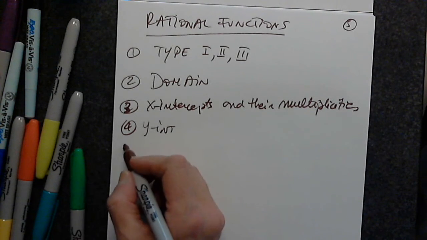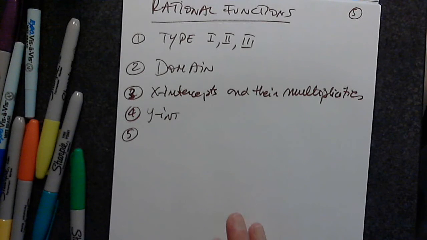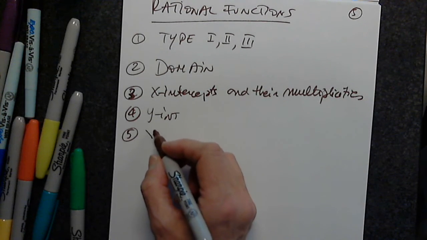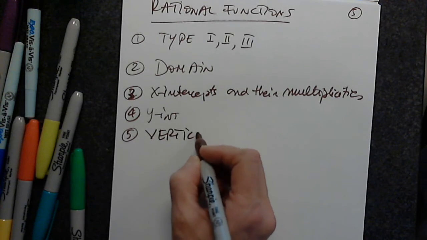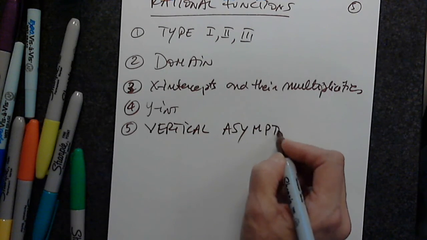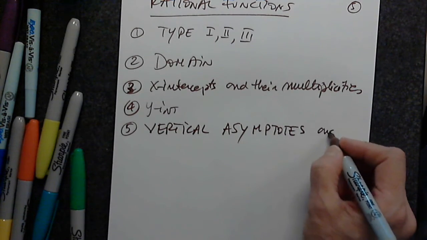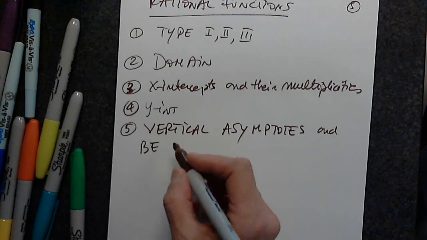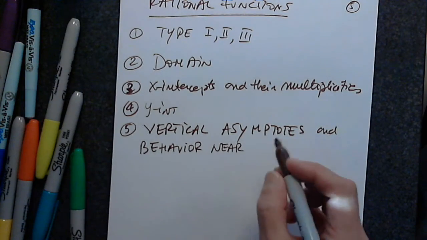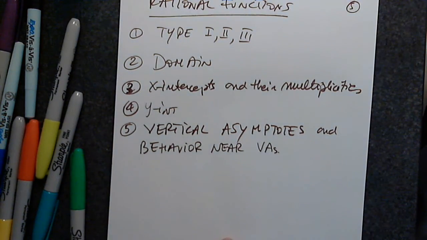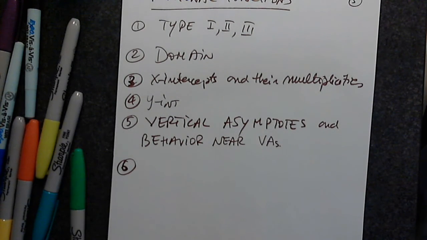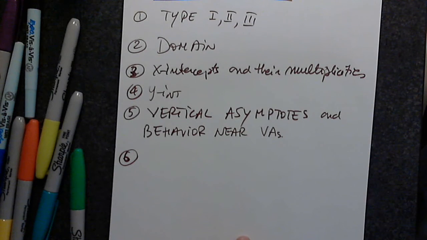Y-intercept. 5. Vertical asymptotes. We have never talked about this. And behavior near VAs, vertical asymptotes. 5. I'm sorry, I'm behind with one number. 6.